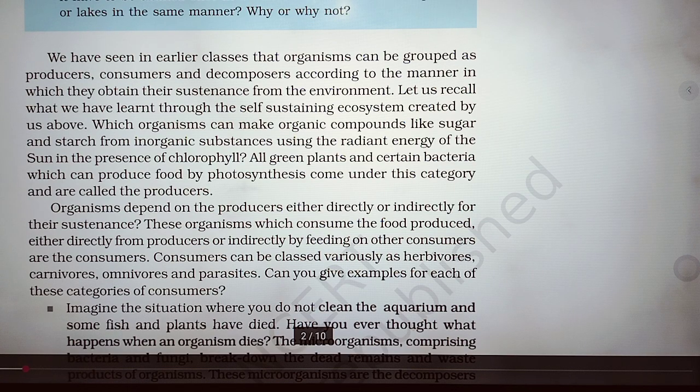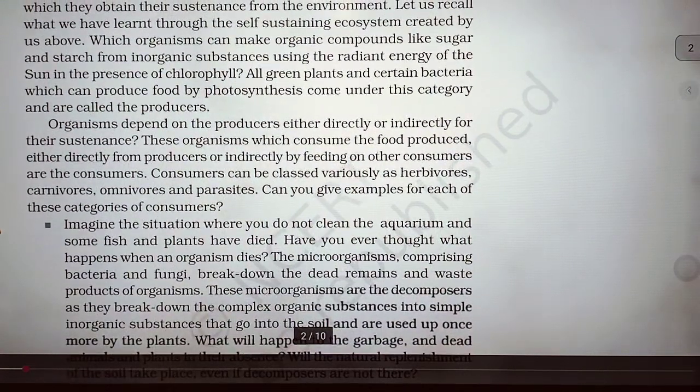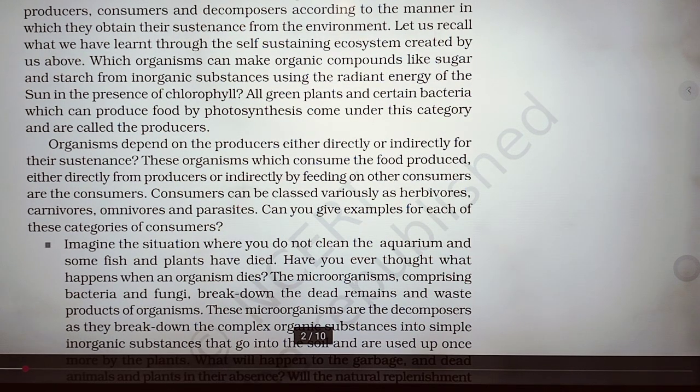So that's why they are called the producers. Organisms depend on the producers either directly or indirectly for their sustenance.